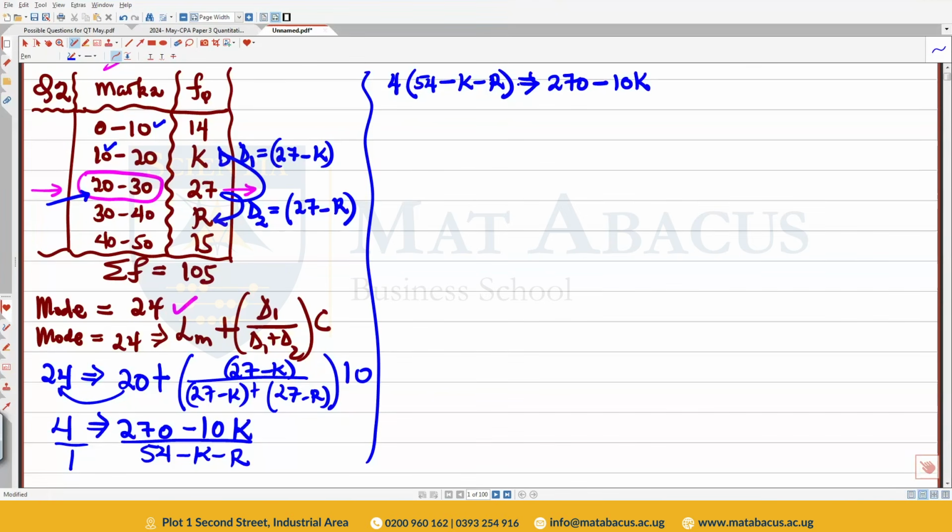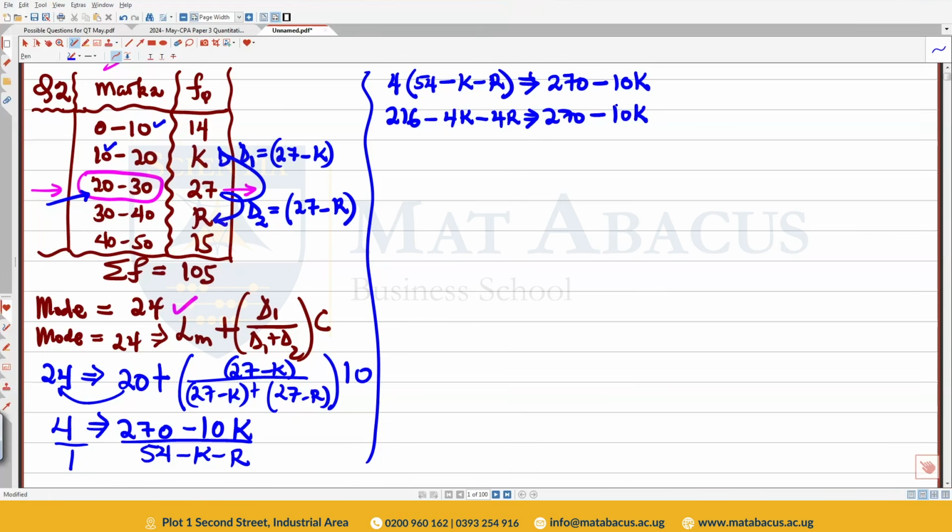All right, so multiply 54 by 4. We shall have 54 times 4, which gives you 216. So you'll have 216 minus 4K minus 4R is equal to 270 minus 10K. So we put likes together.